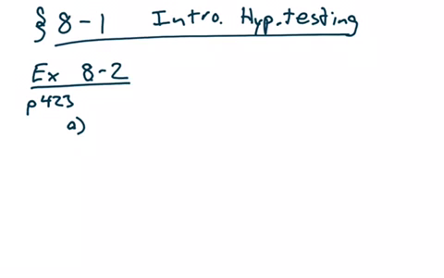Now in part A, it says a left-tailed test with alpha equals 0.10. I'll just write that symbol, an arrow pointing to the left, and I'll say alpha equals 0.1.